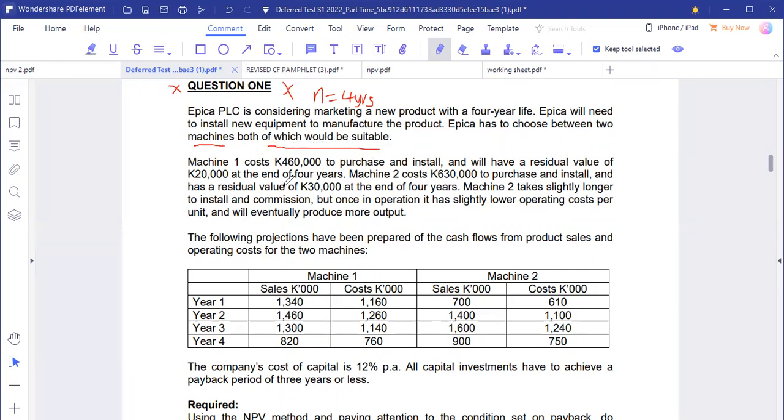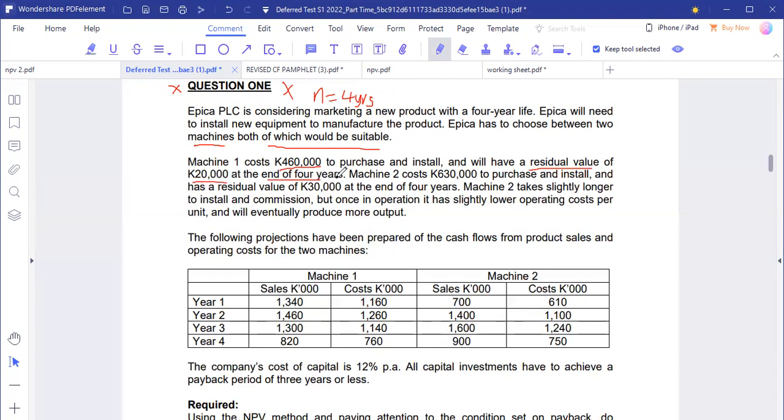All right, machine 1 costs 460,000 to purchase and install, meaning that this is the initial investment in this machine. We have 2 machines that you can invest in. Can you go and invest in machine 1, or can you go and invest in machine 2, depending on what we have? Machine 1 has a residual value, which is a scrap value, of 20,000 at the end of the 4 years.